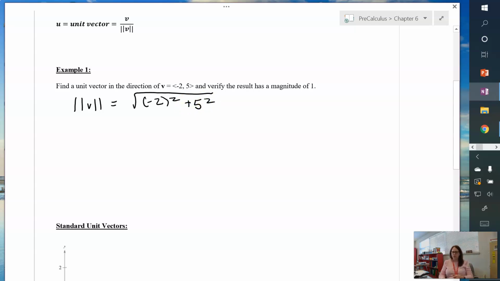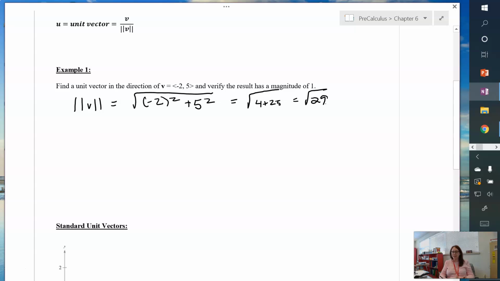Because in the component form, -2 is how far it goes in the x direction, and then 5 is how far it's going in the y direction. So using Pythagorean's theorem, I can just square them, add them up, and take the square root. So I then get the square root of 4 plus 25. That gives me square root of 29. So that's the magnitude of vector v.